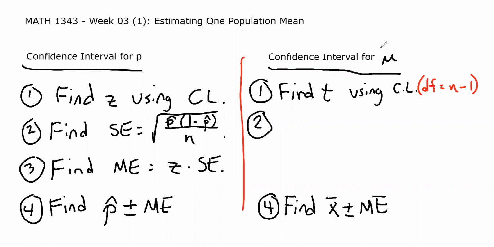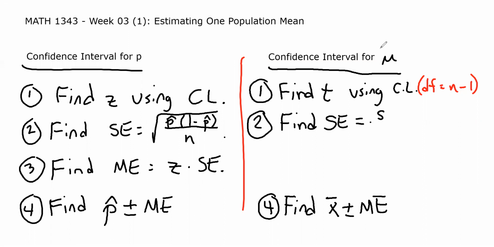The second step is still to find the standard error. But clearly, we're going to need a different formula, because the previous formula, the standard error for the confidence interval for P, involved P hat. If you're talking about means, there are no proportions, so we can't use that formula. But the formula for this one is pretty easy.